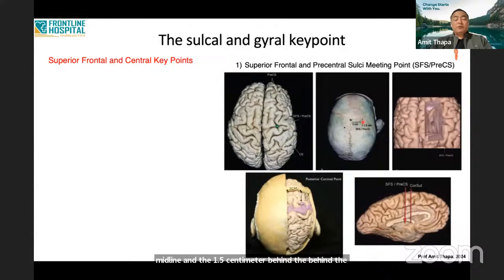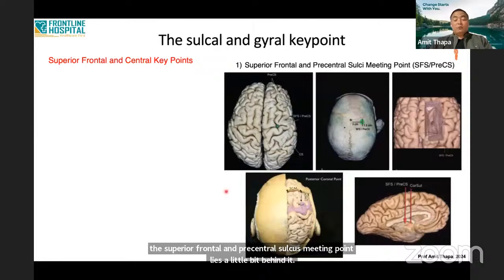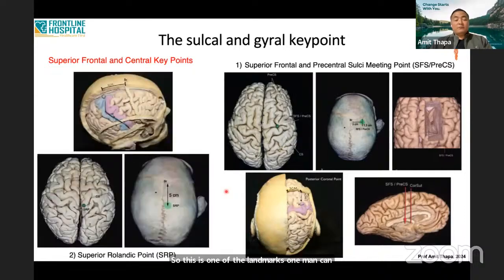This point is important because it is lying over the body of the lateral ventricle, the thalamus, and a little behind the foramen of Monro. The coronal suture actually lies over the foramen of Monro in the coronal plane, but the superior frontal and precentral sulcus meeting point lies a little bit behind it. So this is one of the landmarks one can use to approach ventricular pathology from this part.